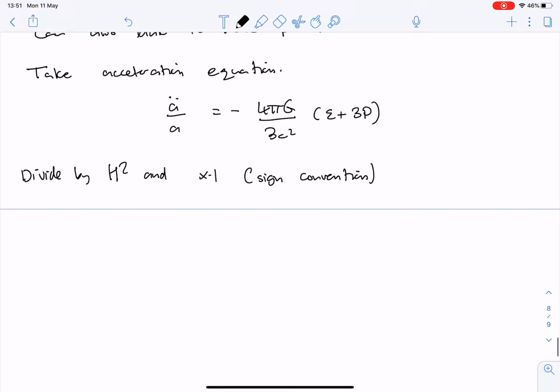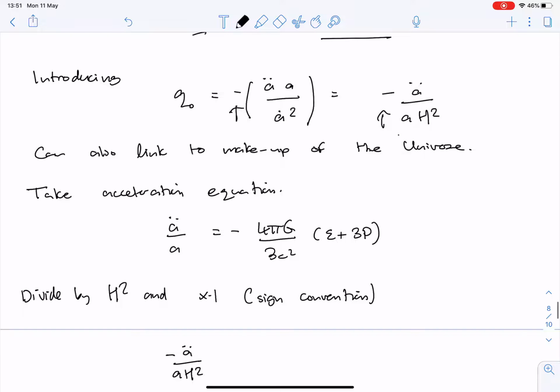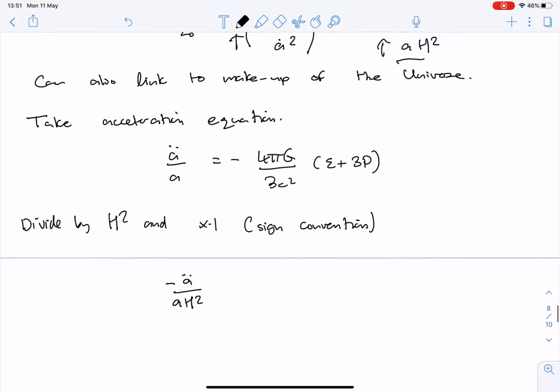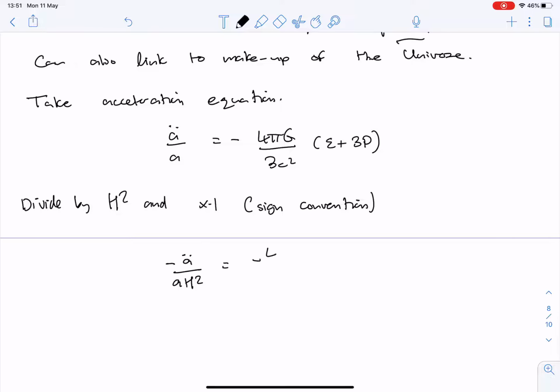So what I therefore get is minus a double dot over a h squared. So that's my deceleration parameter, is equal to minus 4 pi g over 3c squared times e plus 3p.